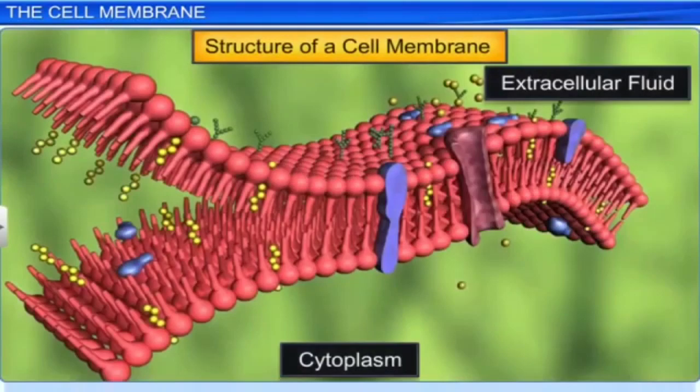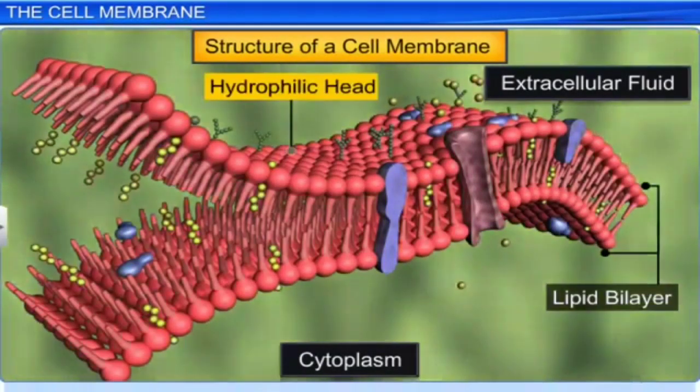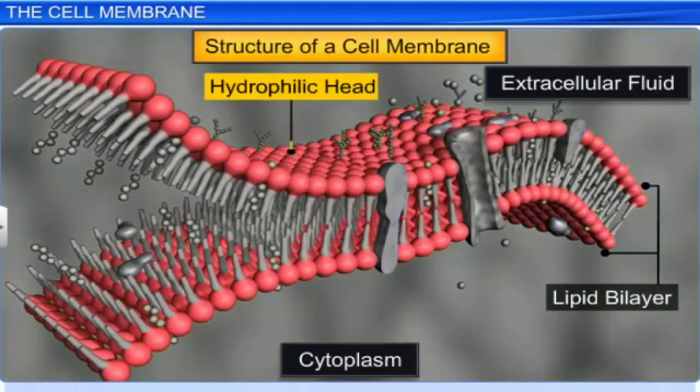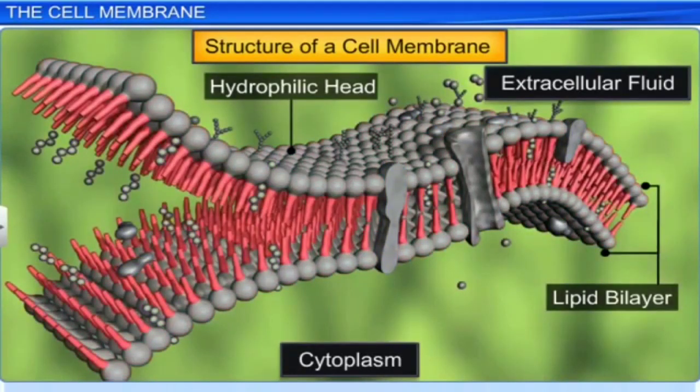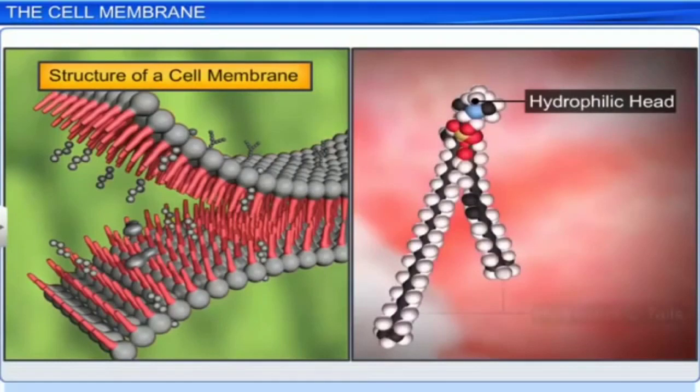These lipids are arranged in a bilayer with the polar hydrophilic head of both layers pointing outward towards the aqueous environment, and the nonpolar hydrophobic tail made of saturated hydrocarbons pointing inward.